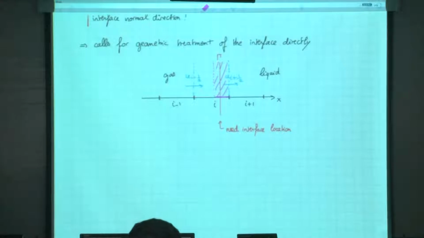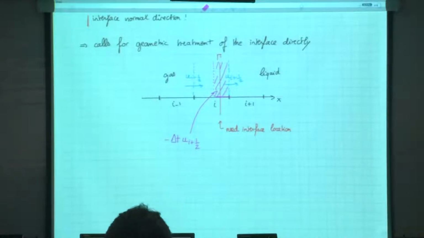So this purple region here, that is delta t times u_{i+1/2}, represents the region over which my flow has moved. It represents the region of the flow that moves through cell face i+1/2 in my time step.